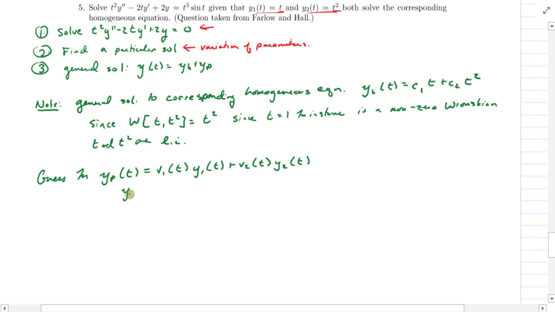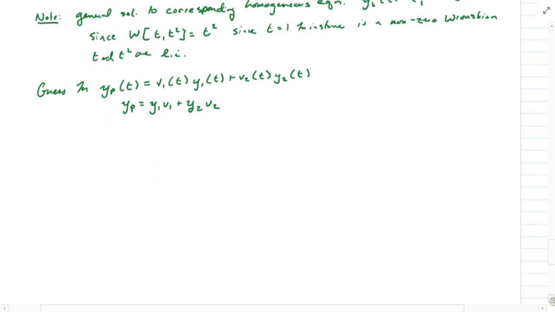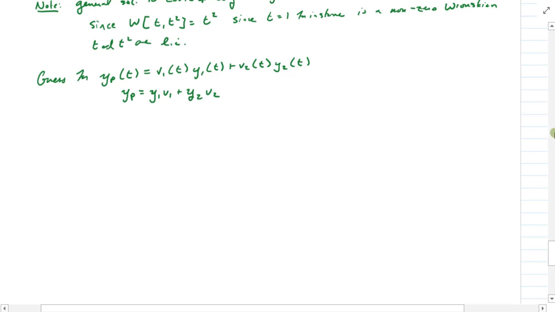I'm just going to go ahead and rewrite this as y_p equals y1 v1 plus y2 v2. And remember that the way we're going to find the solution is to simply go back to the previous page. We're going to solve the equation. So to find v1 and v2, first solve the system of equations. And there were two equations.